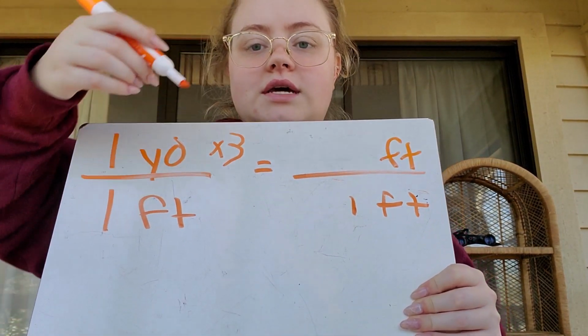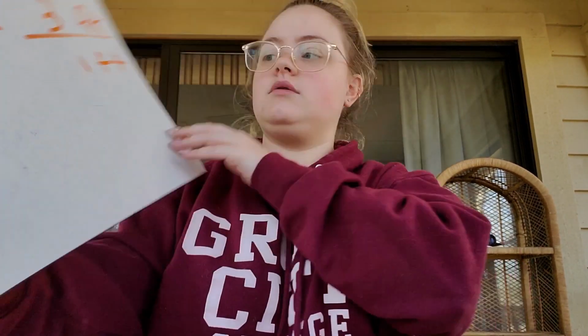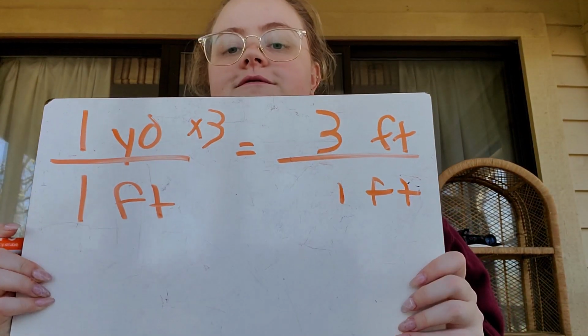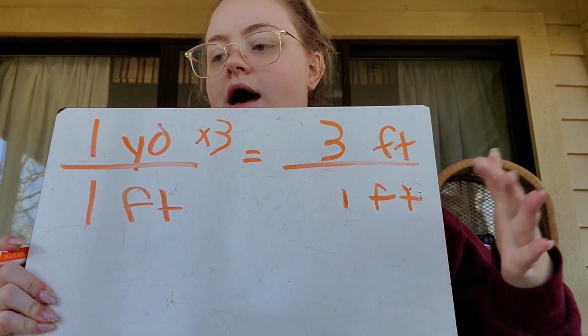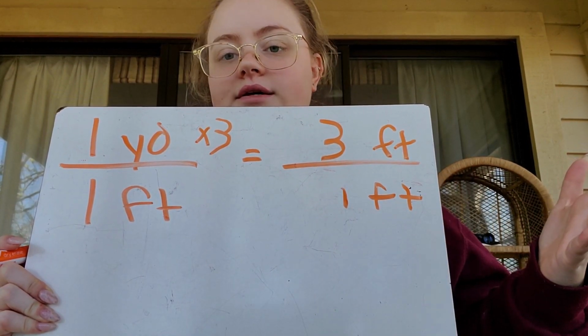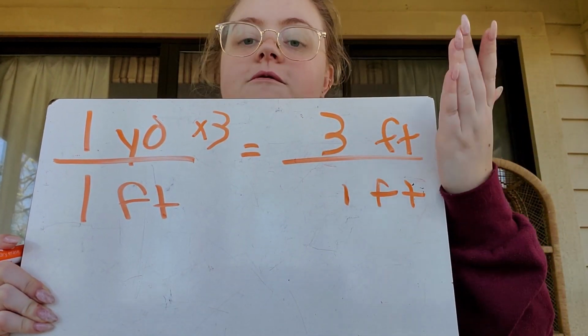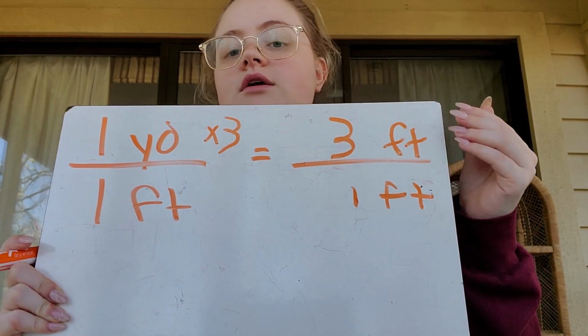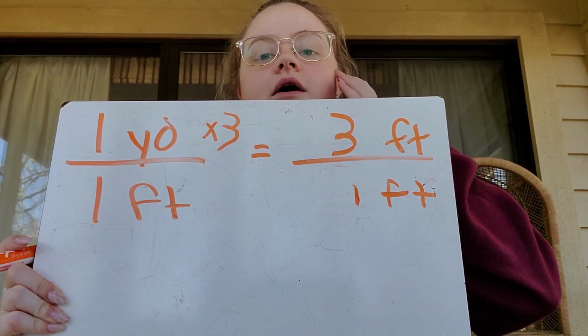So, 1 times 3 gives me 3. So, I have 3 feet over 1 foot. How do I simplify this? It's already simplified. It's a unit rate, and we were told at the beginning that we can keep unit rates. So that is how we set it up.